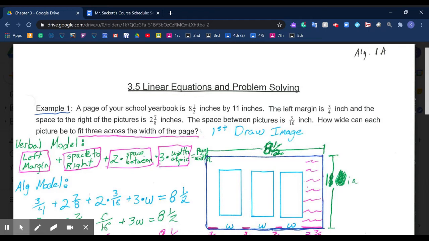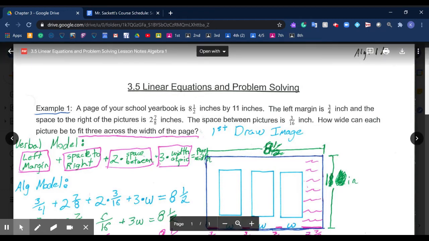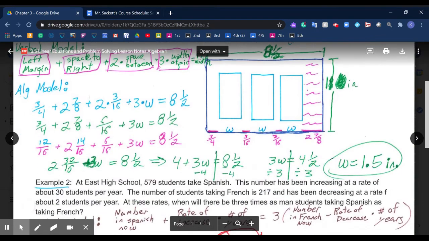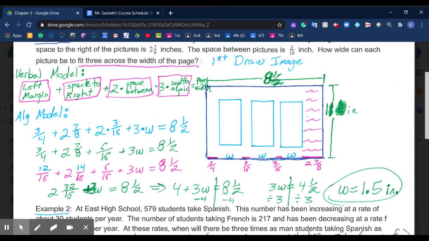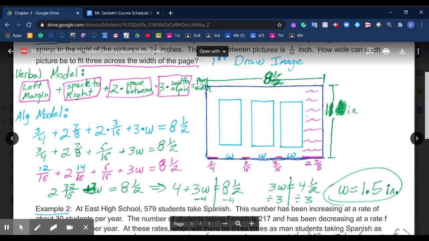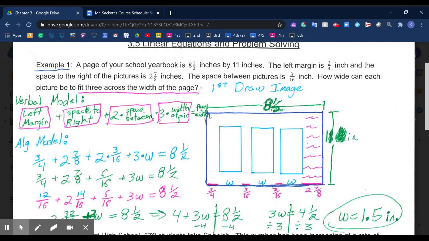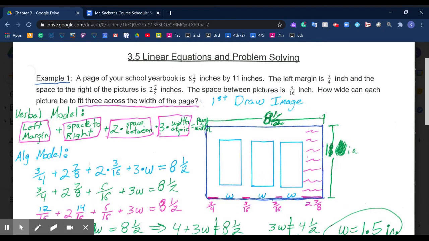So it's 8.5 wide by 11 inches tall, even though I drew it so it looks wider here. That's just so I could draw it with spacing. It's actually 11 inches tall, so you could draw yours taller if you want, by 8.5 inches wide. And then let's look at the rest of this scenario.